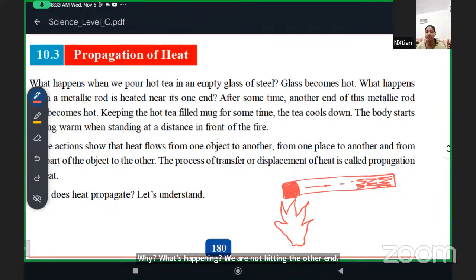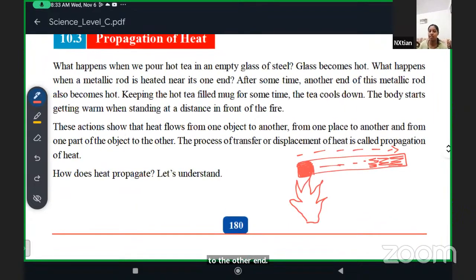But still it will start getting warmed up from the mid and towards the other end. Why? Because the heat is traveling to the other end. Yes, the molecules or the energy basically is traveling from this side to the other end of the rod.